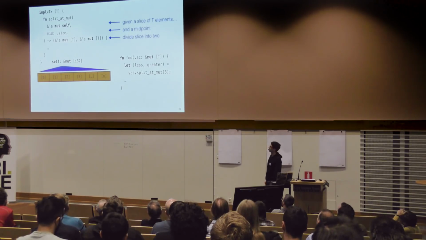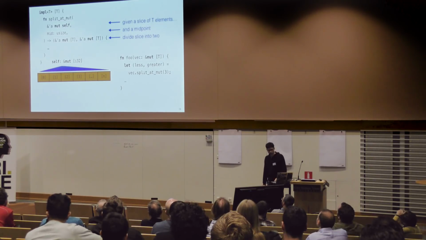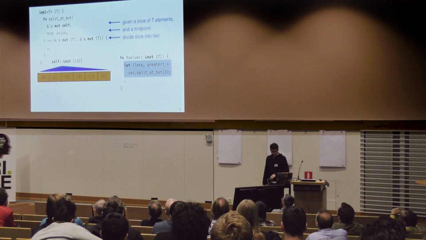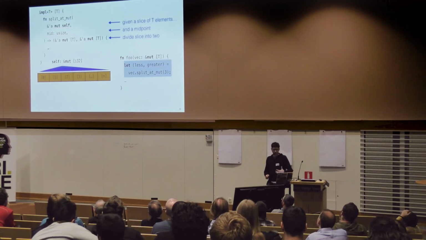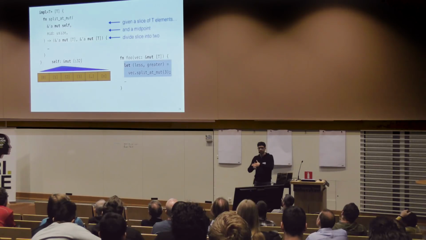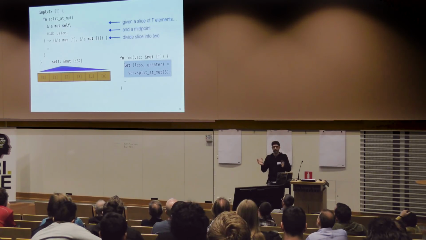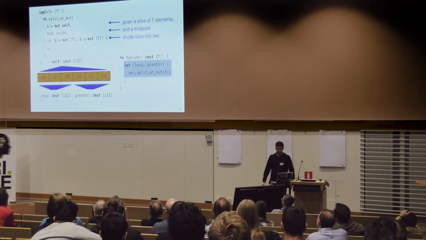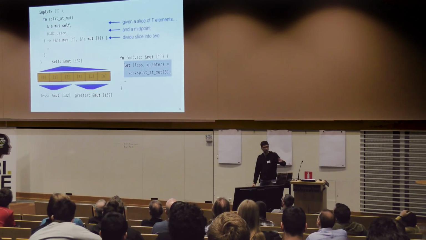This is a caller. This is an example of calling that method right here. And you see that we're calling it on vec with this midpoint of 3. So we're going to return a tuple, two values put together, and we can take them apart and pull out the less and greater halves. And so what we get back is something kind of like this. We have everything 0, 1, and 2, and then 3 and above.